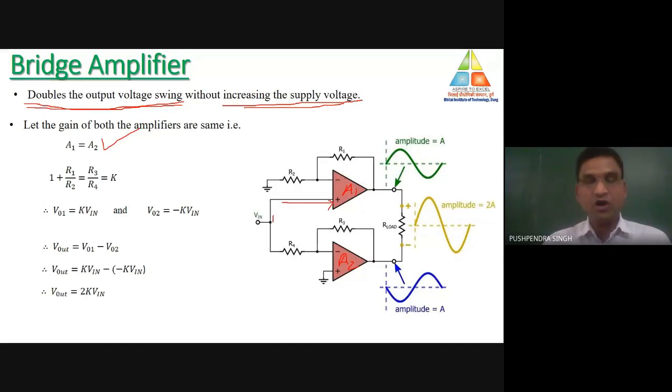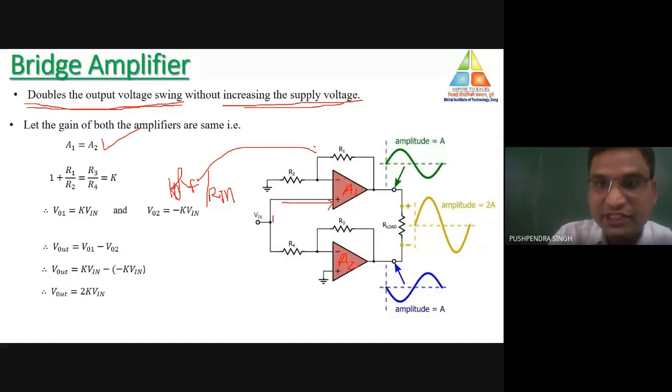In case of a non-inverting op-amp, the value of gain is 1 plus Rf by Rin. What is Rf? Rf is equal to R1. And what is Rin? Rin is equal to R2. So the gain is 1 plus R1 divided by R2. This is the gain of the upper operational amplifier.